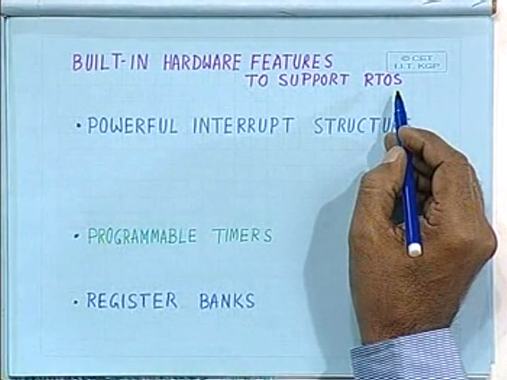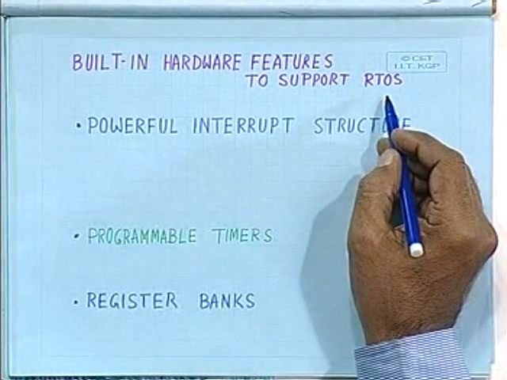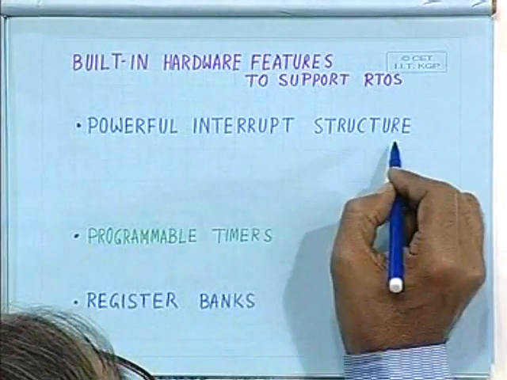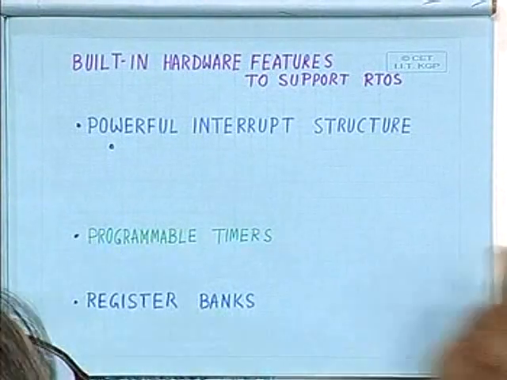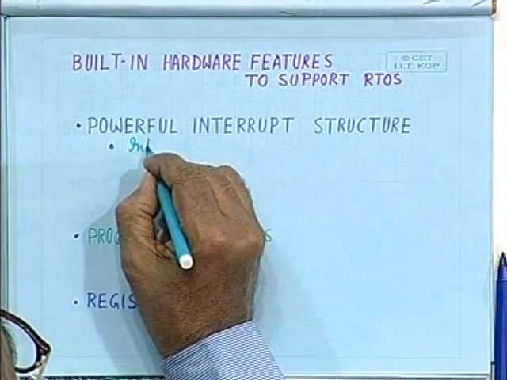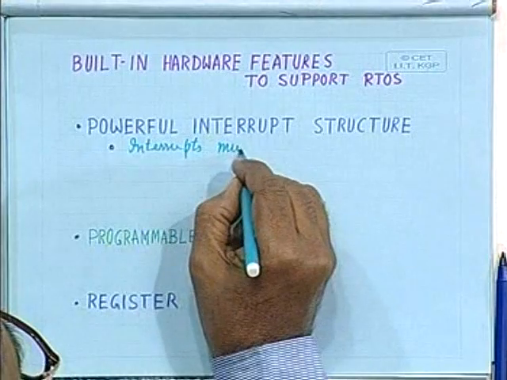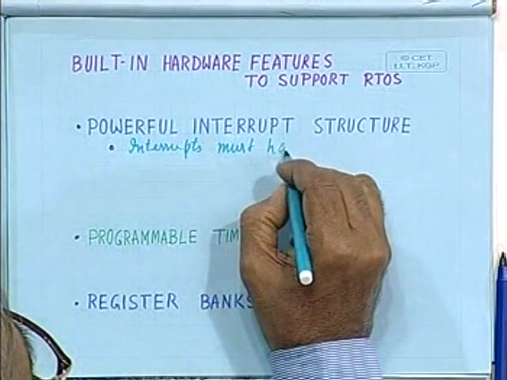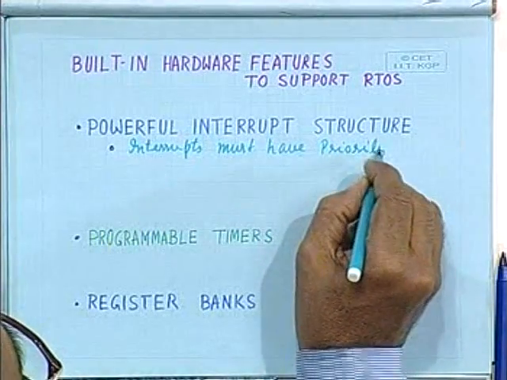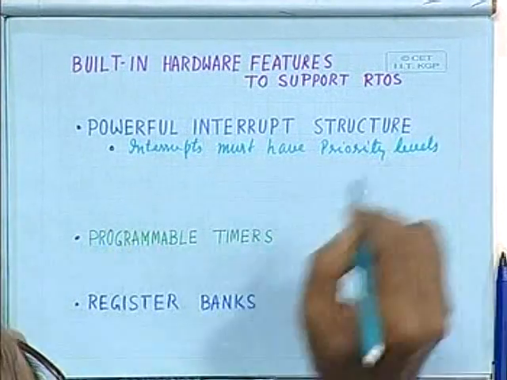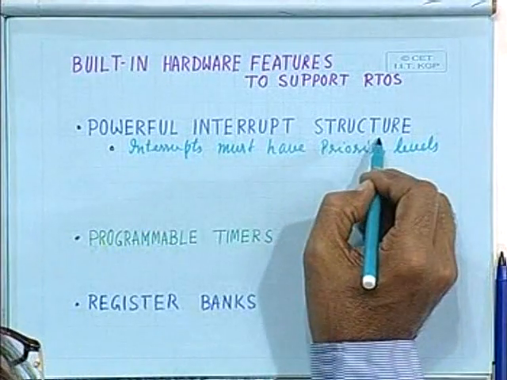First one is the powerful interrupt structure. What do you mean by powerful interrupt structure? First of all, the interrupts must have priority levels. This is one feature that should be supported by the interrupt structure.